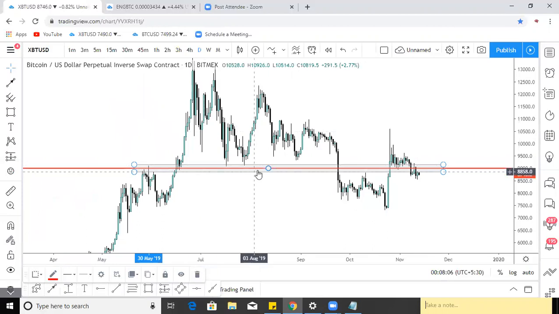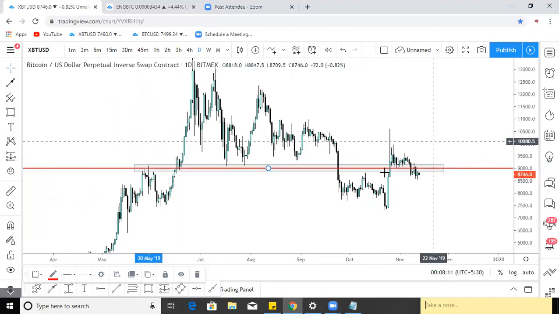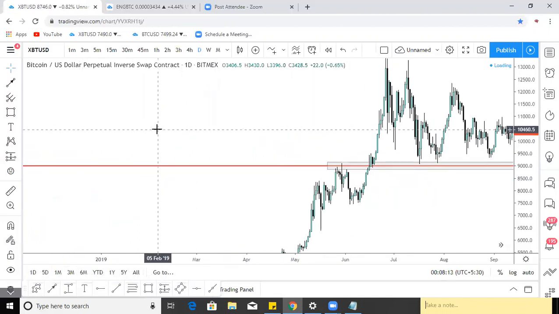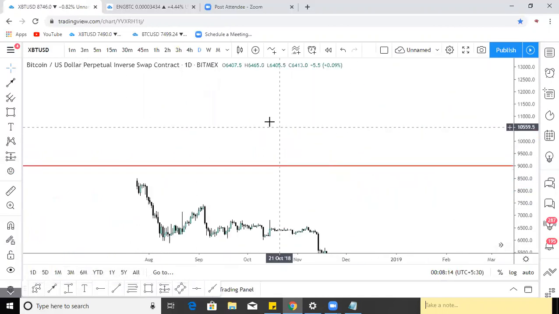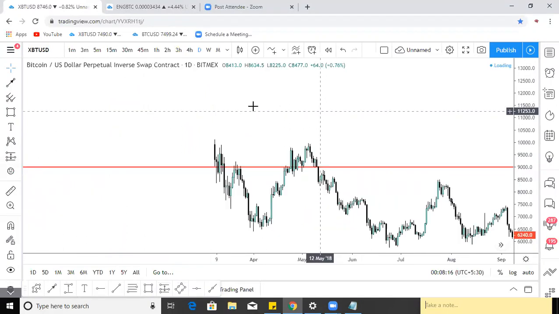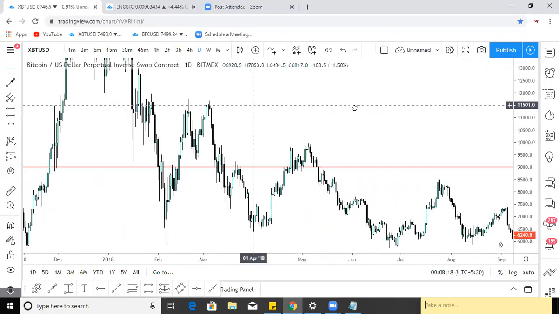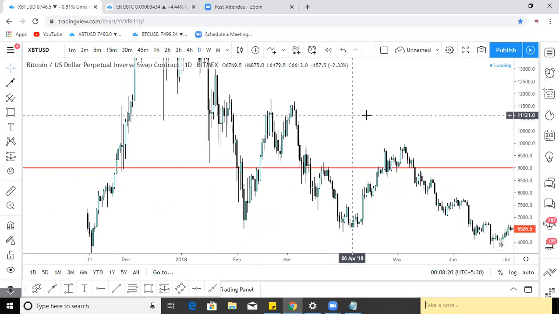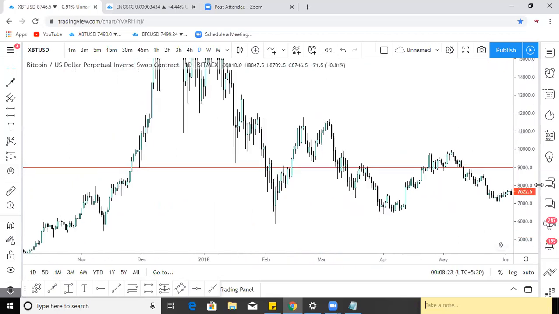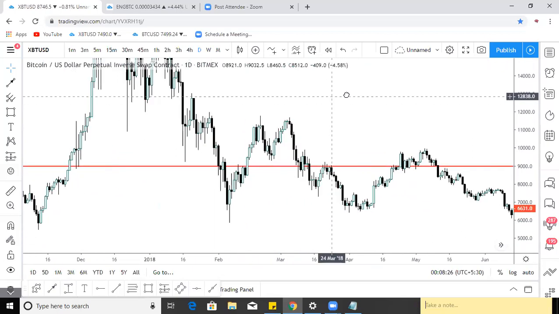And because we have seen recently that this level has worked in the last 6 months, I would like to see, has it ever worked before? When price was at this zone, has this level ever worked before? So if I just move to the 2017 and 2018 price rallies, what do you see? I hope you know the answer, right?